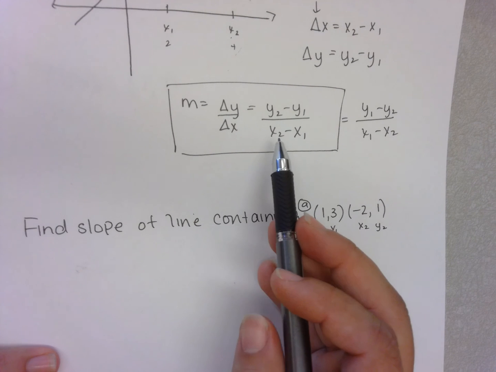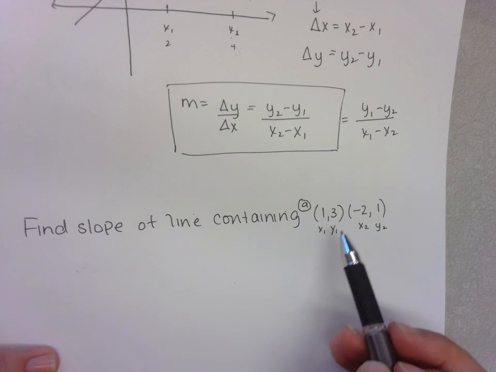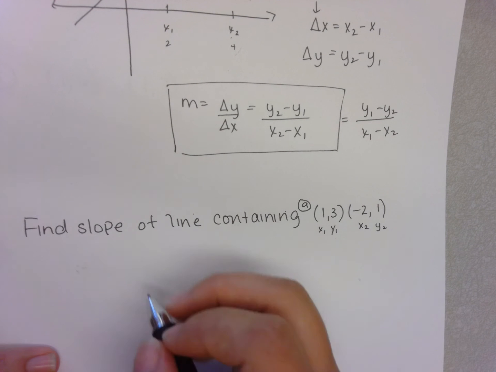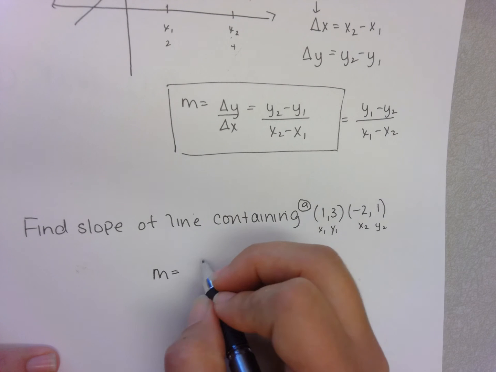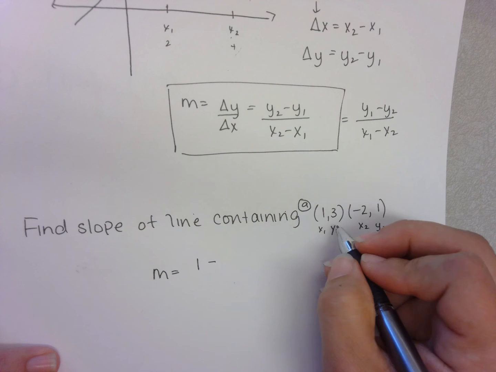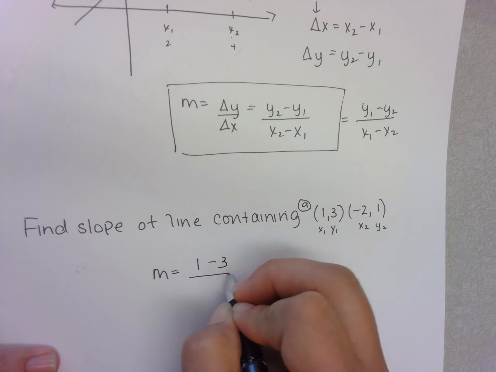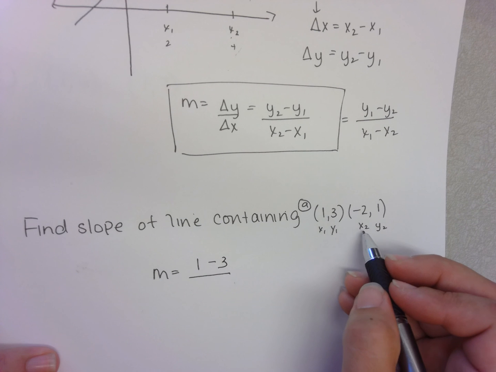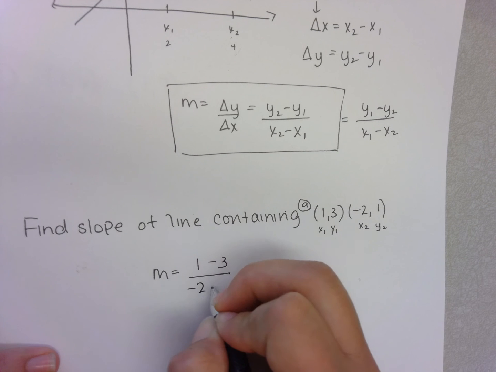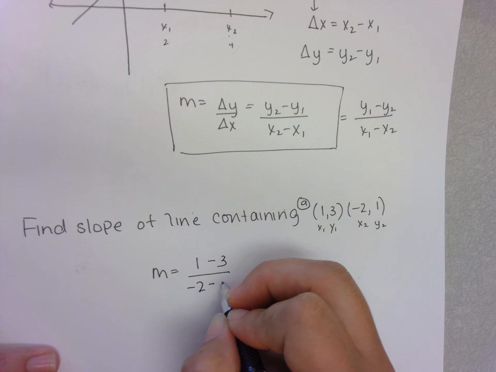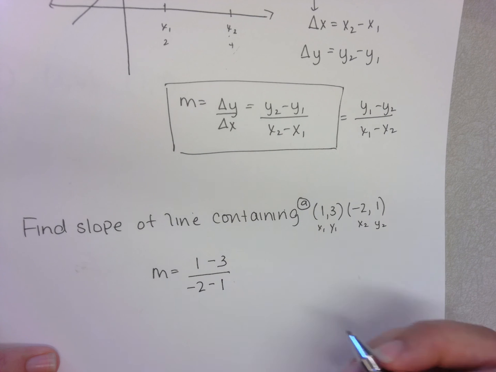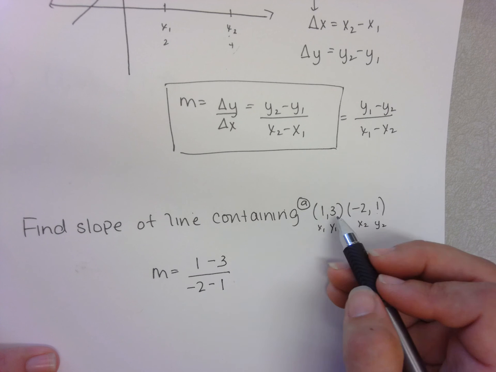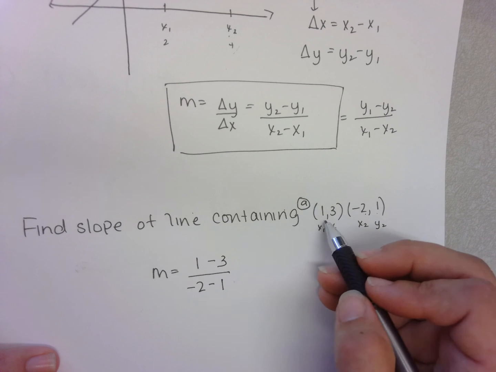So if I use y2 minus y1, that means on top my m is y2, which is 1, minus y1, which is 3. Then on the bottom I have x2, which is negative 2, minus x1, which is 1. So I have 1 minus 3 and negative 2 minus 1.